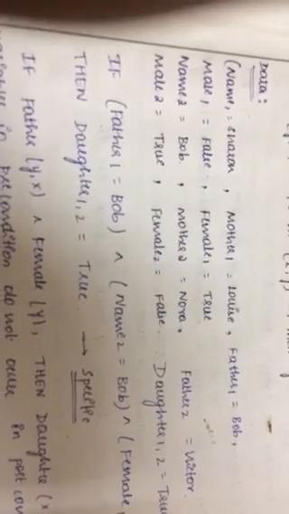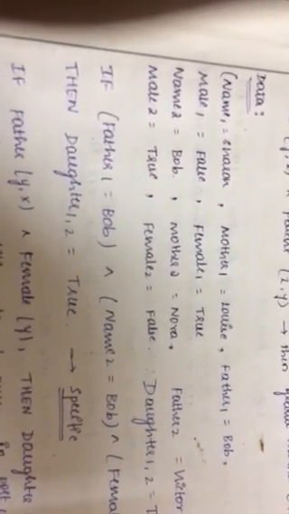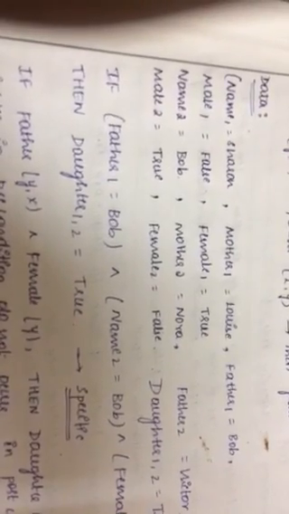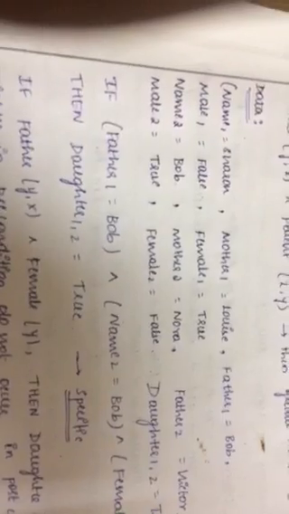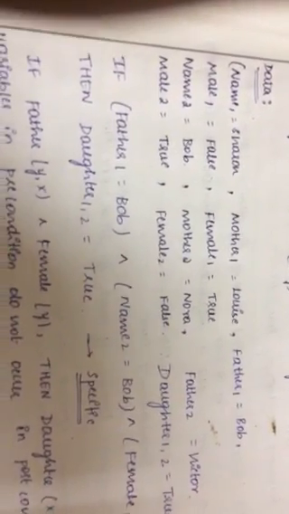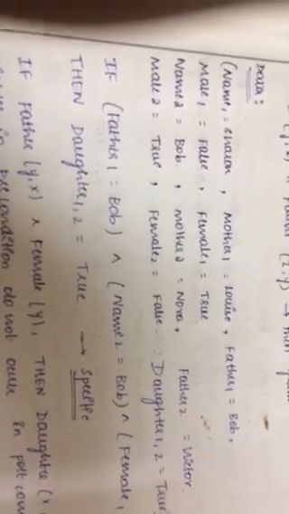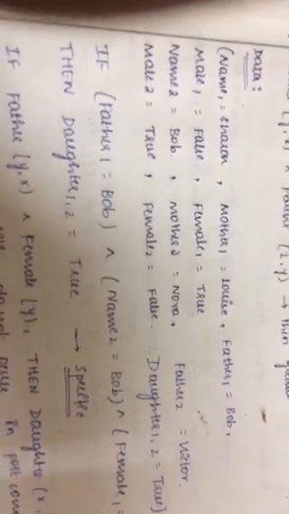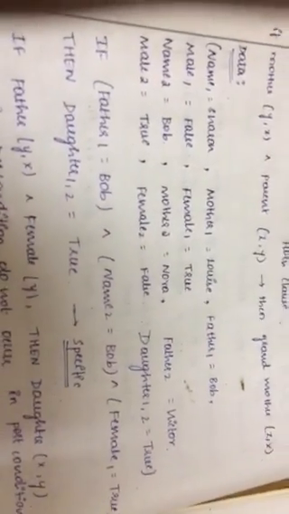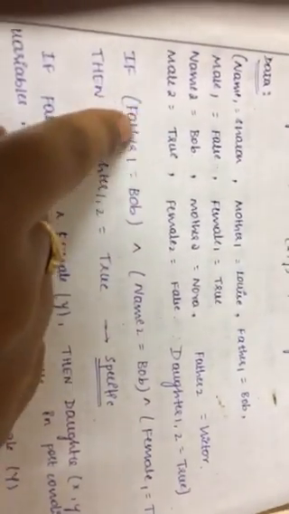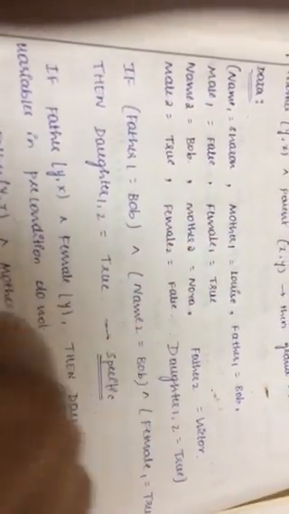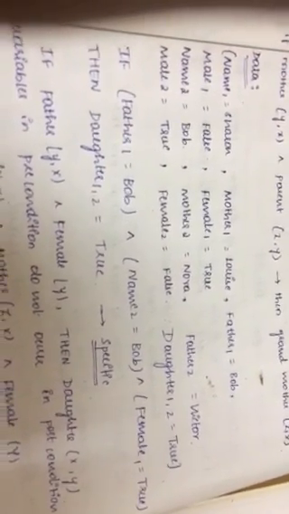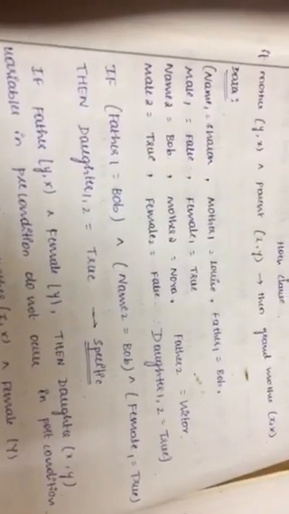So here you can see that if we collect a number of such training examples for the target concept daughter 1 comma 2 and provide them to a propositional rule learner, then the result is a collection of such specific rules. When this database is given to a propositional rule learner, which consists of just the values of the variables, father 1 is considered a variable, and the value of father 1 equals Bob.